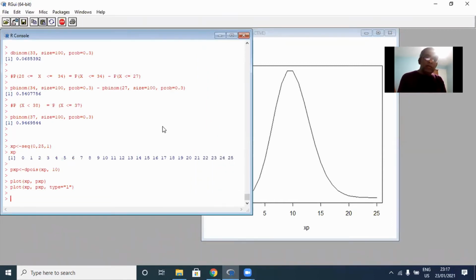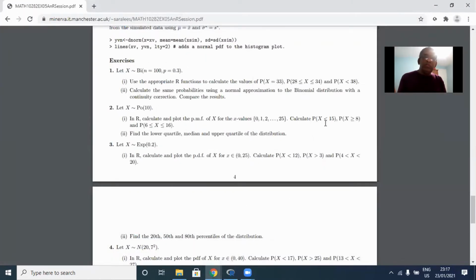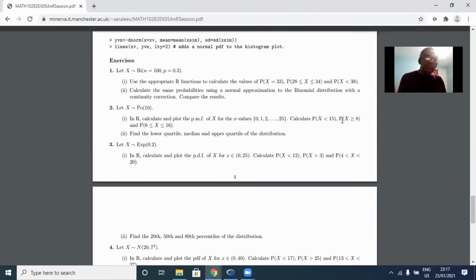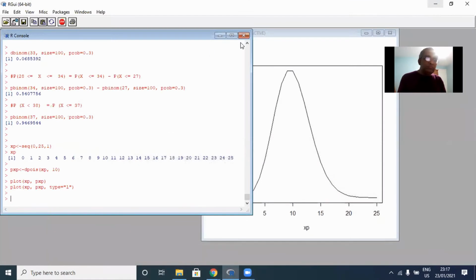All right, now let's go back to the tutorial sheet. The next thing we want to do is to compute these 3 probabilities: the probability x less than 15, x greater than or equal to 8, and x between 6 and 16. Let's do it one at a time. The first probability we want to compute is the probability x less than 15, which is the same as the probability that x is less than or equal to 14.